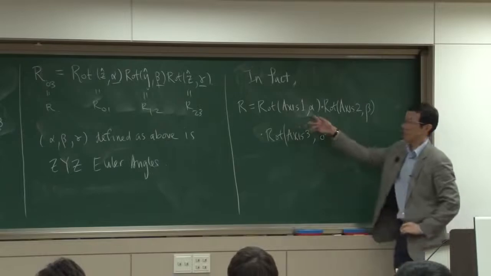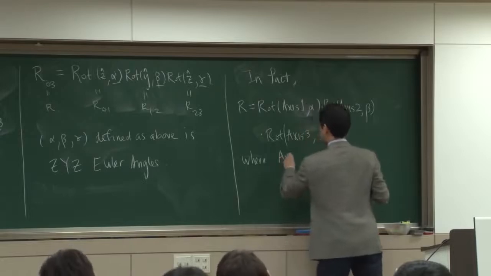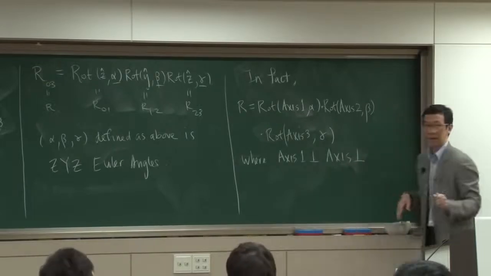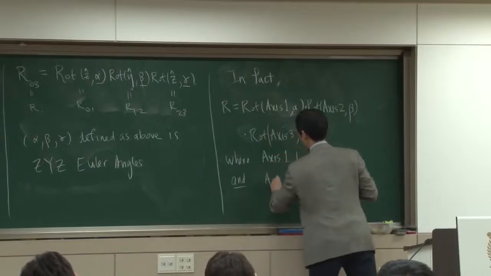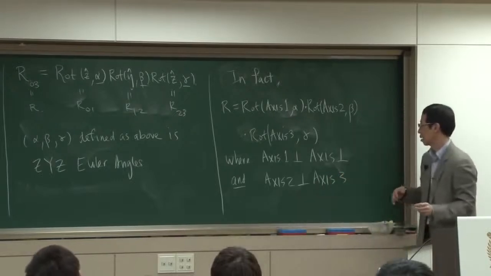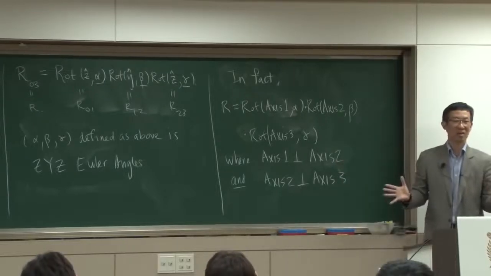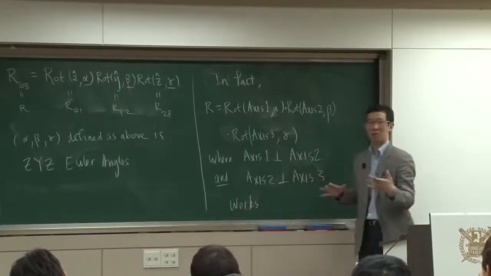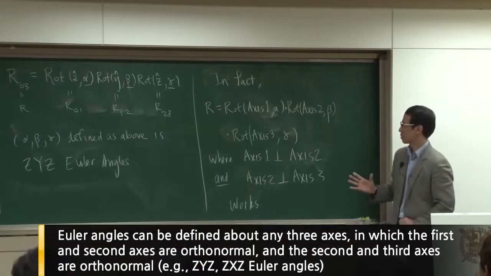Any parameterization of this form where axis 1 and axis 2 are orthogonal, and axis 2 and axis 3 are orthogonal, this works. It works, meaning it's a valid 3-parameter representation for rotations.